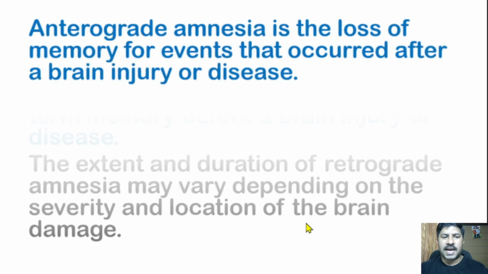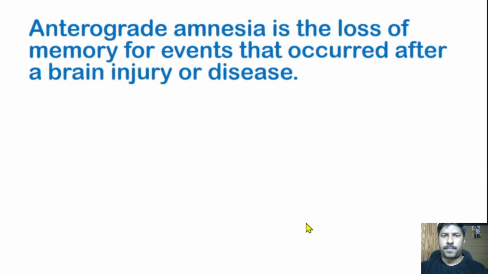In the same way, anterograde amnesia is just the opposite of retrograde amnesia. In retrograde amnesia, the events that occurred before the injury or disease are forgotten. Anterograde amnesia is the loss of memory for events that occurred after a brain injury or disease.